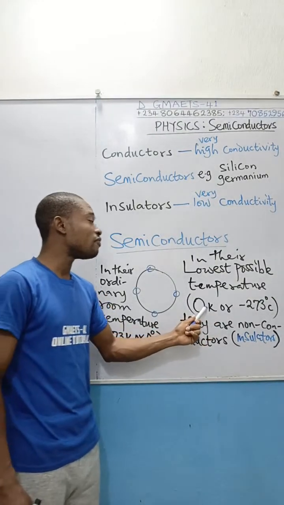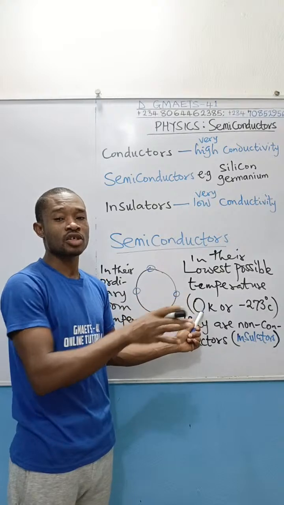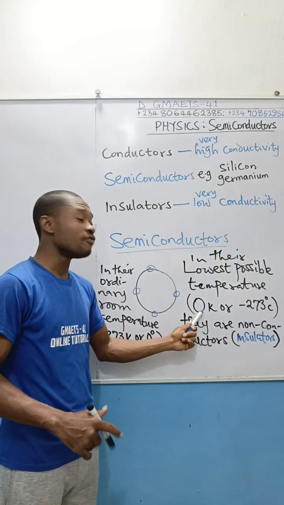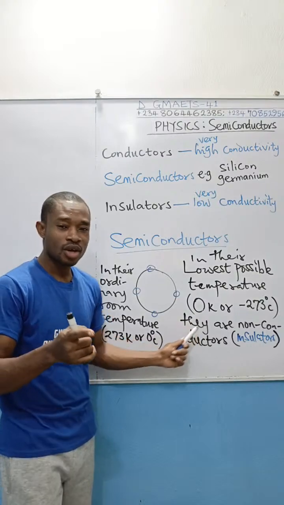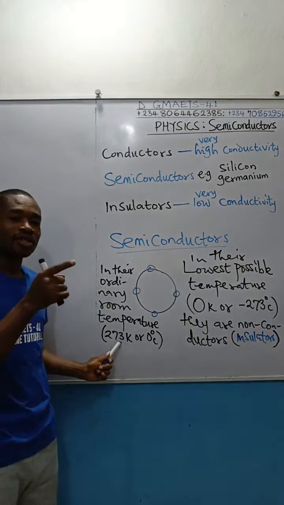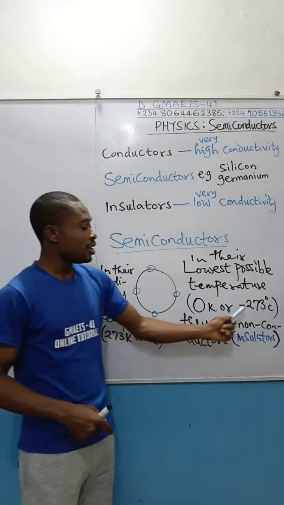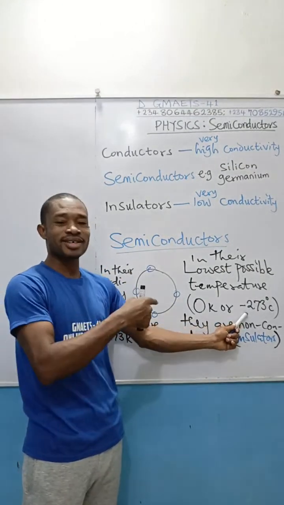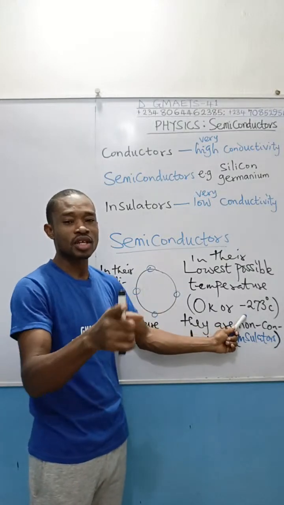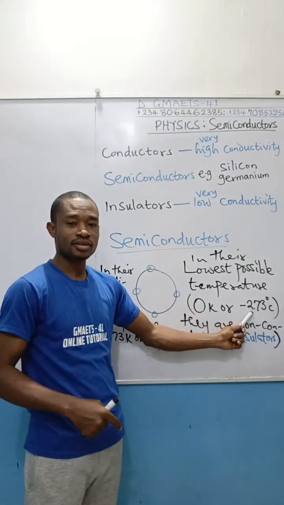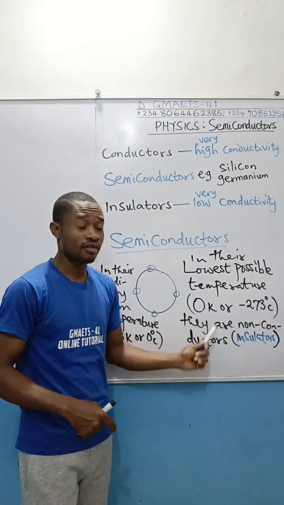For the Kelvin value where semiconductors do not allow current to flow, it is 0 Kelvin. When it is conducting, it is at ordinary room temperature, which is 273 Kelvin. In degrees Celsius, where it doesn't conduct electricity, it is minus 273 degrees centigrade, because this is equivalent to 0 Kelvin.